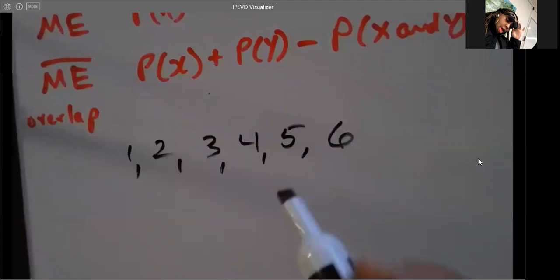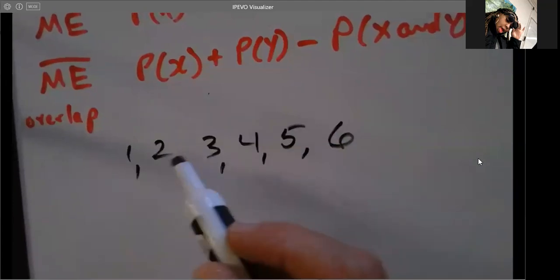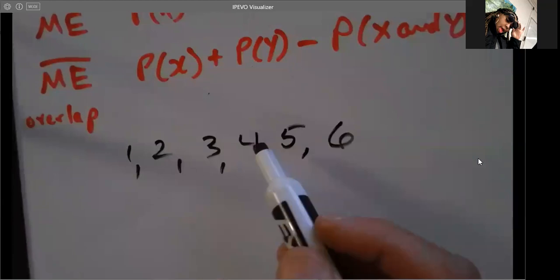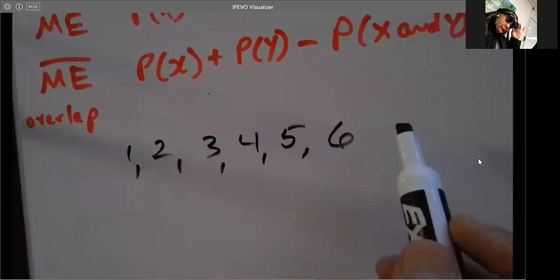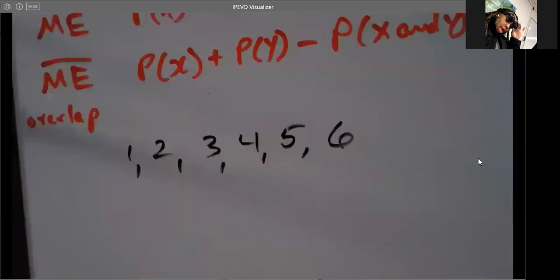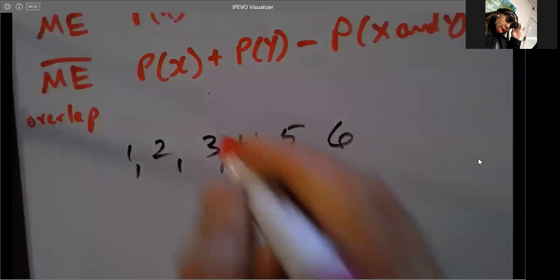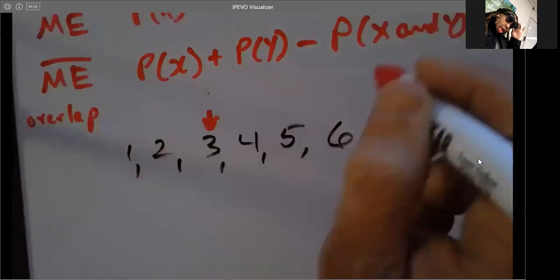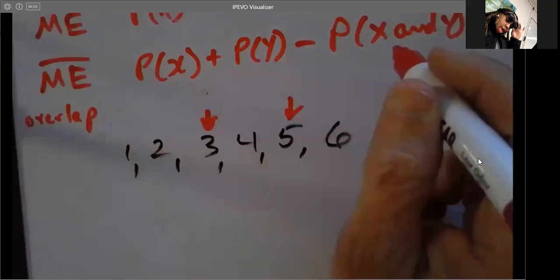You can roll a 1 or a 2 or a 3 or 4 or 5 or 6. So we're saying, what is the probability of rolling a 3 or a 5?